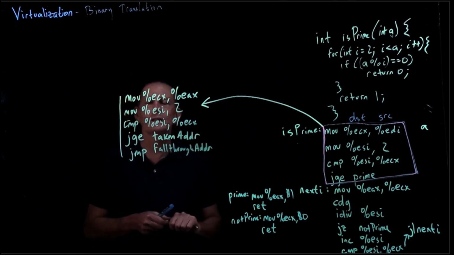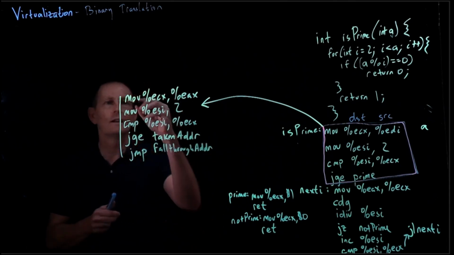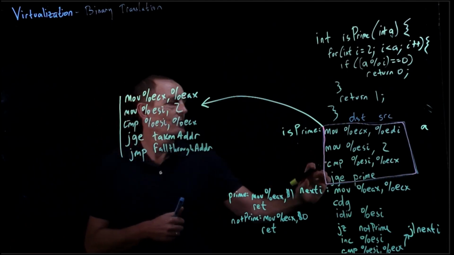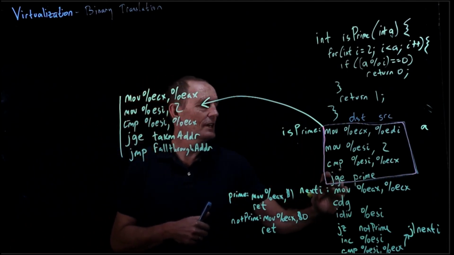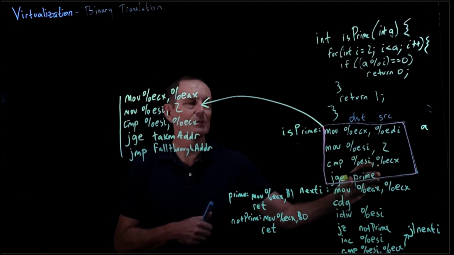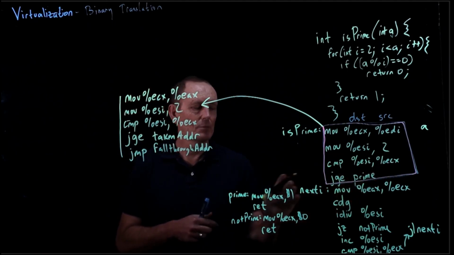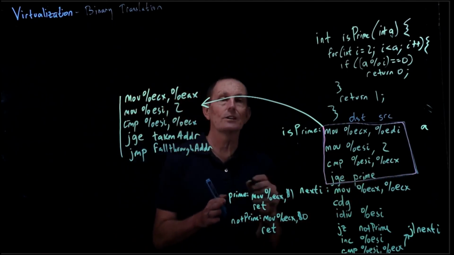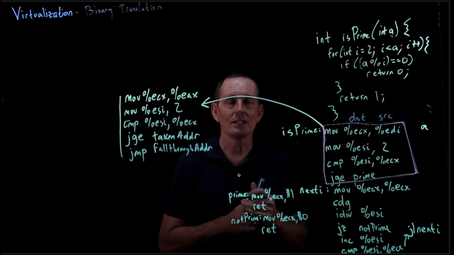So what we're doing is we're actually changing this code to say jump greater than or equal to. We can't jump directly to prime, because prime is a location that we have not yet translated. So we need to be able to translate it.